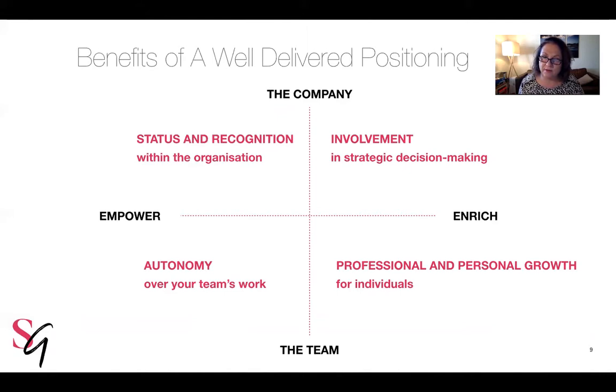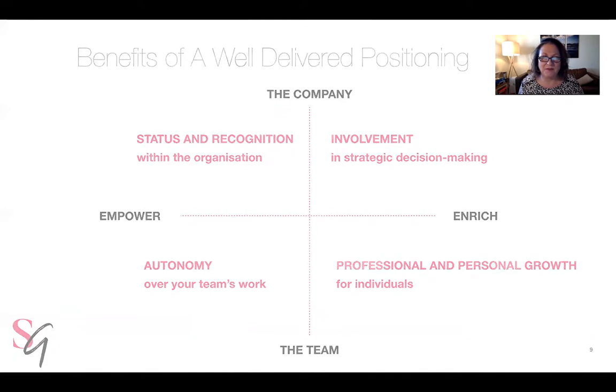So if anyone wants to say it would look like this if I had more involvement, or more autonomy, or more status and recognition. I'll move on and I'll read them afterwards.